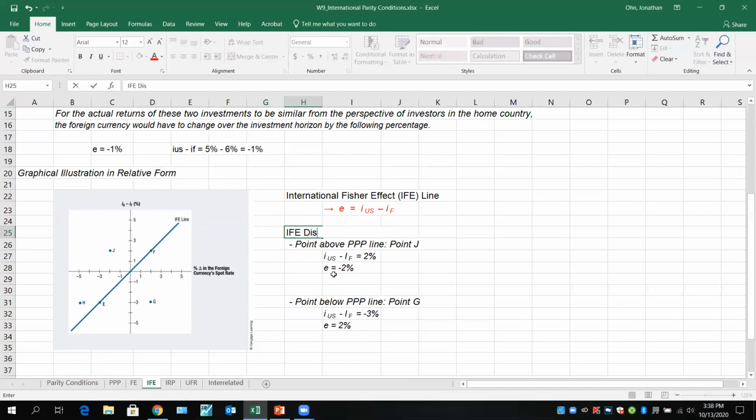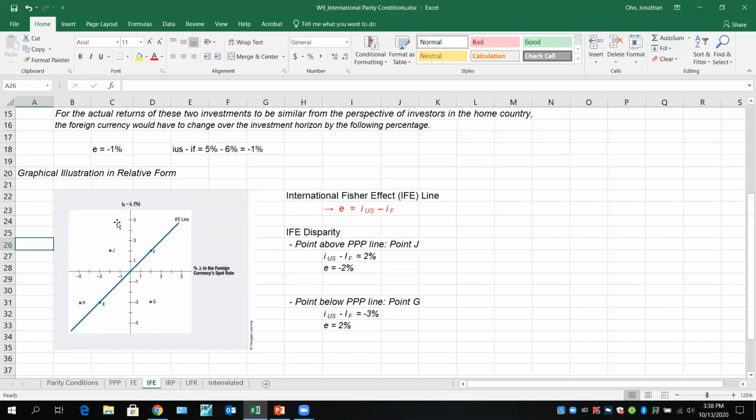F and E are on the IFE line, so they are in equilibrium, in parity, right? But J and H are outside this line, so the relative interest rate is higher than the percentage change in exchange rates.